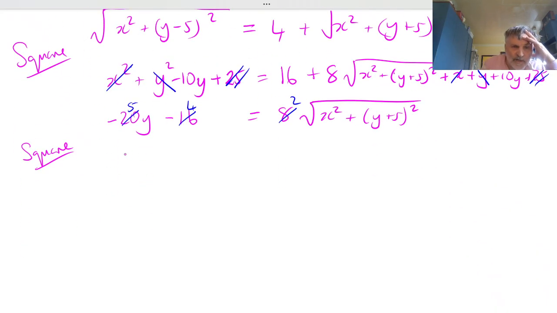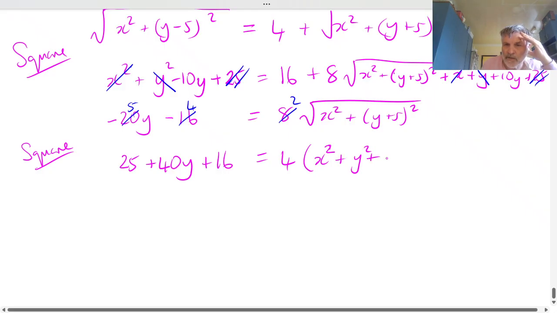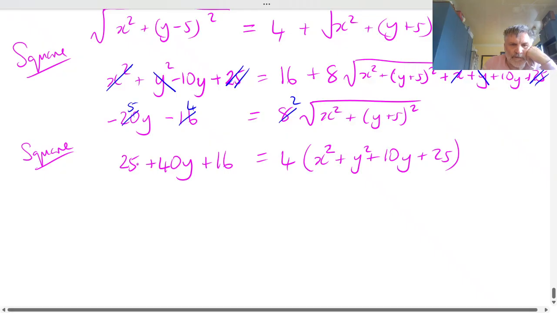If we square this side, we get 5 squared is 25, negative 5 squared the same, negative times negative is positive, 5 fours are 20, there's 2 of those, so it's 40y, plus 4 fours are 16, equals 2 squared is 4, get rid of the square root, x squared, and I'll again expand out this bracket. I didn't write the y squared in here. 25y squared when I square that.